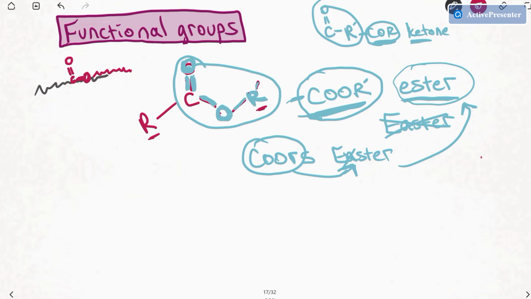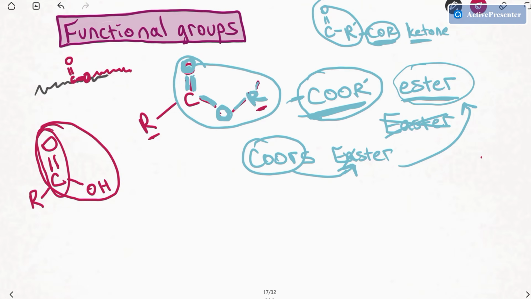Now, you might wonder, well, but Suzanne, you just showed us a C double bonded to the O and then single bonded to an OH is a carboxylic acid, right? This is the carboxyl group, and the carboxylic acid is a C double bonded to an O and an OH. Isn't that the same thing? Because look, check it out. This would be an O, and then the H would be the rest of the molecule, wouldn't it?